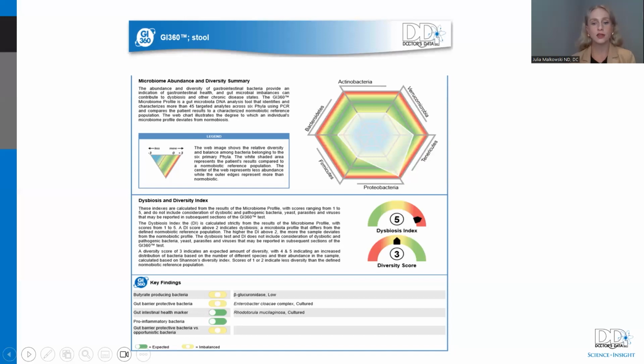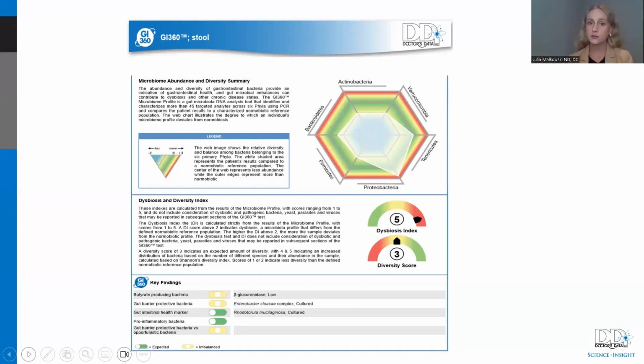Let's take a look at the next piece of information we have, which is the dysbiosis index and the diversity scores. These analytes are a summary of your patient's microbiome, looking at specific bacteria in the values that contribute to dysbiosis and diversity. The dysbiosis index was studied with regards to IBS, IBD, obesity, diabetes.